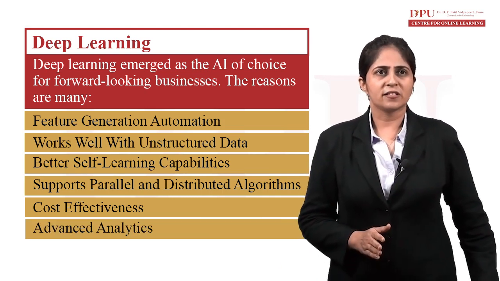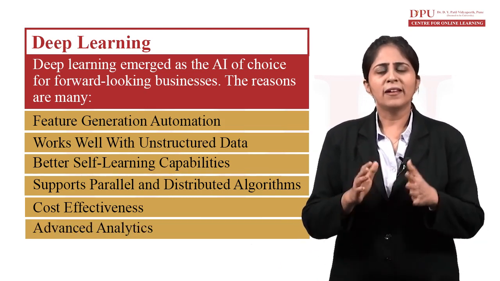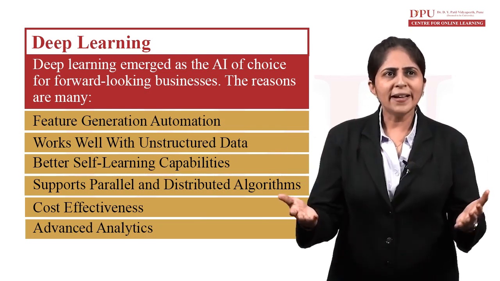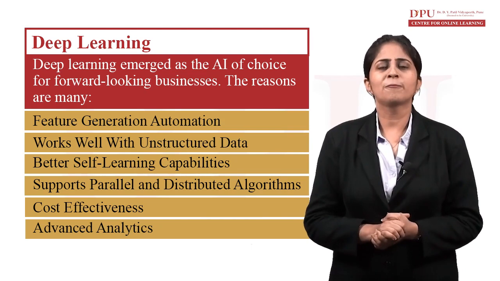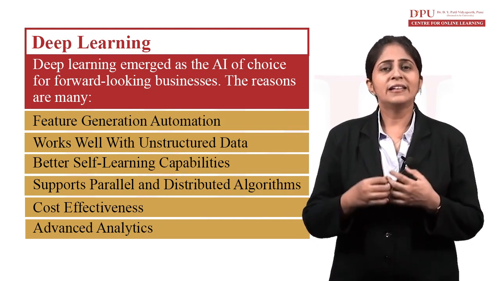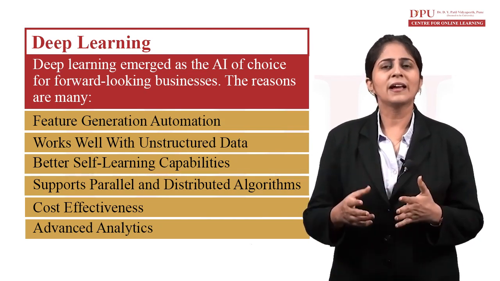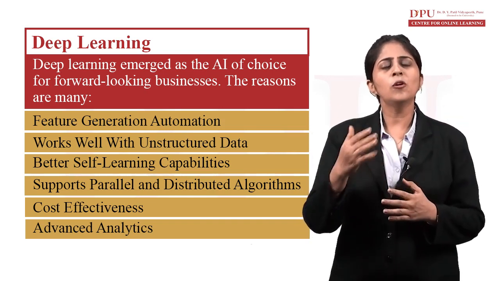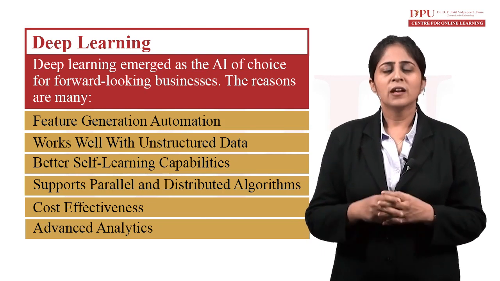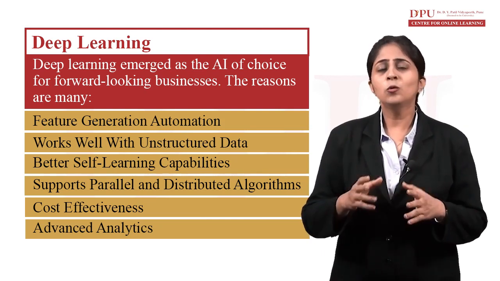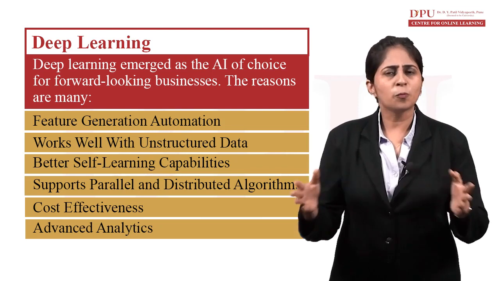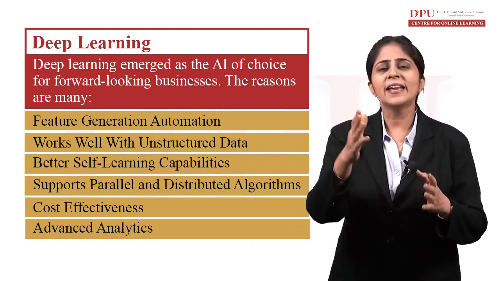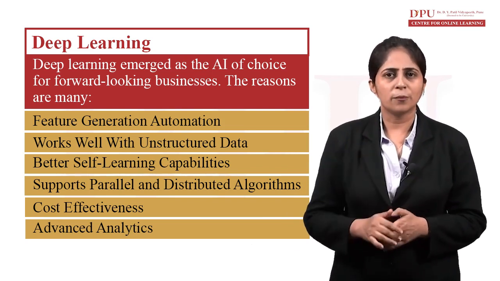The next advantage is advanced analytics. When deep learning is applied to data science, it can offer a better and more effective processing model. It has the ability to learn unsupervised, and it drives continuous improvement in the accuracies and the outcomes.